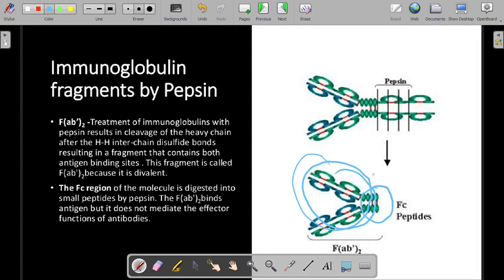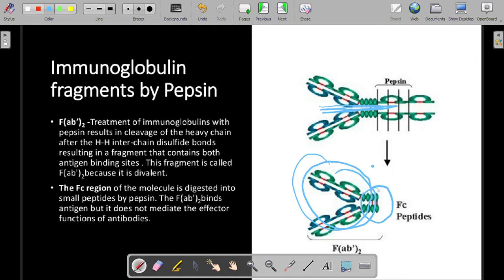In the previous case of papain, what we have seen, this disulfide bond was totally destroyed. Here it is not destroyed. The Fc region of the molecule is digested into small peptides by pepsin.